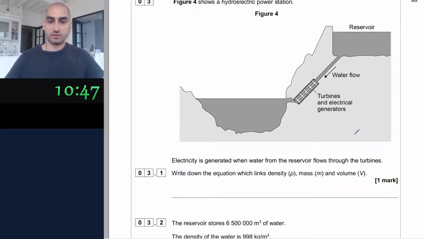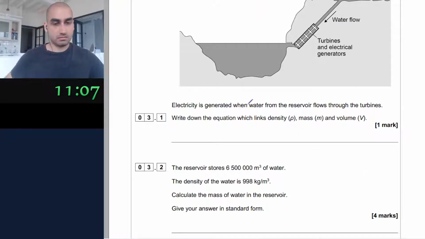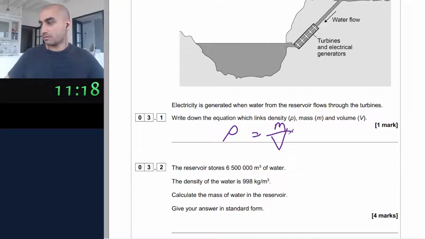Electricity is generated when water from the reservoir flows down through the turbines. Okay, write down the equation which links density, mass, and volume. Rho equals mass divided by volume, right?